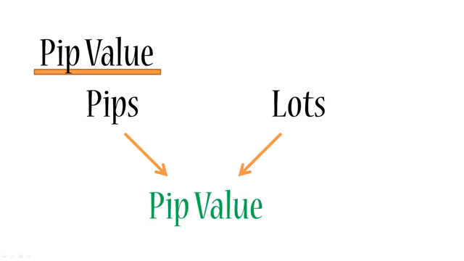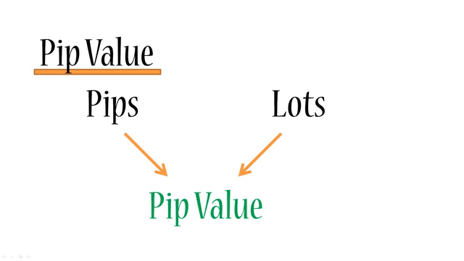So this is important to understand, that pip value is not just a function of the currency pair that you're looking at. Pip value depends on the number of pips the currency pair has moved and also on the volume of your transaction. So if you enter into a transaction with a higher number of lots, then your pip value will be higher. If you enter with a lower number of lots, your pip value will be lower.